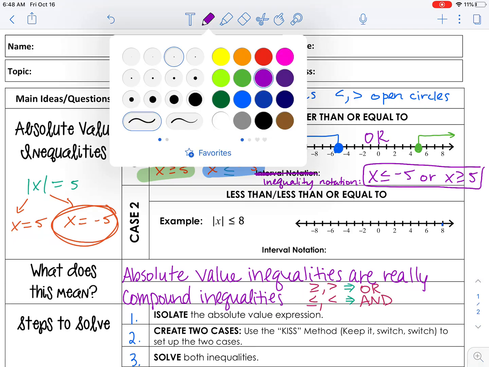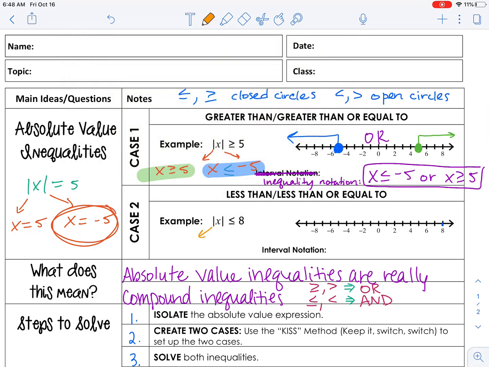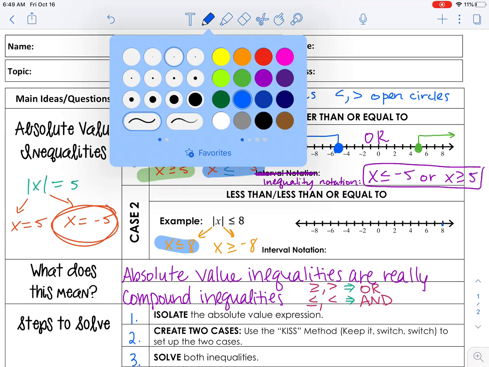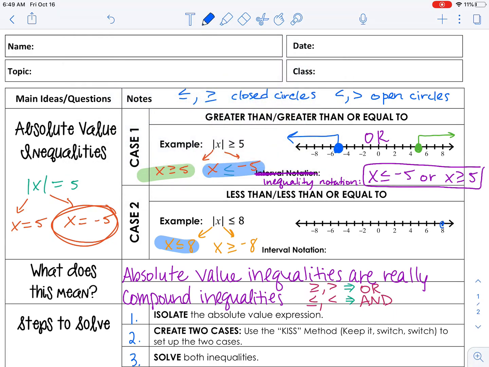So let's start over with number 2 here. I'm going to make my 2 cases. This is x less than or equal to 8. And when I go to make my second case, x stays the same. I switch the direction of the inequality, and 8 turns to -8. So right here, x less than or equal to 8.